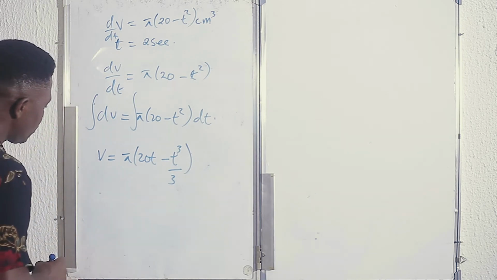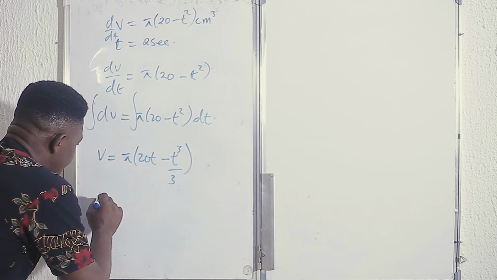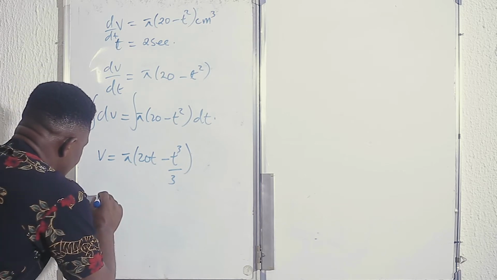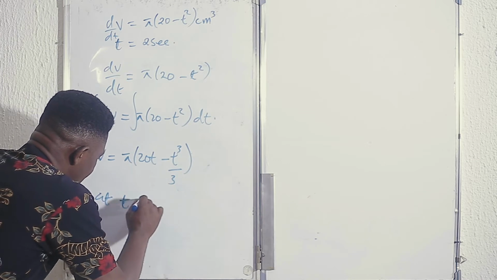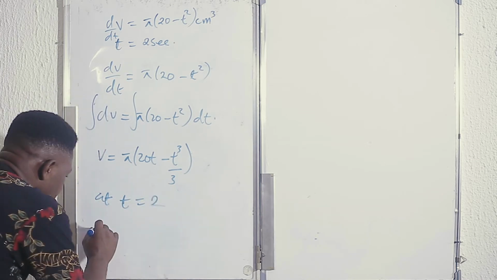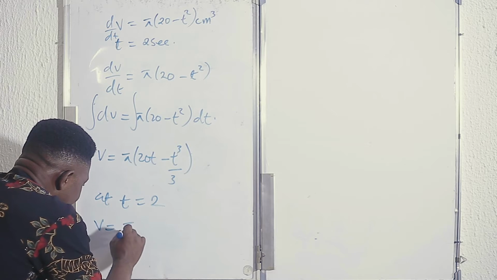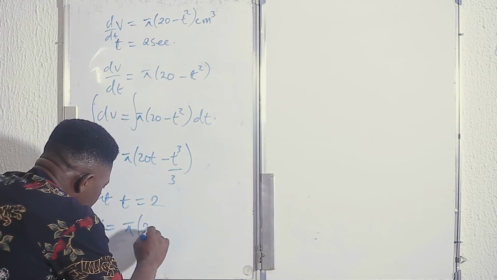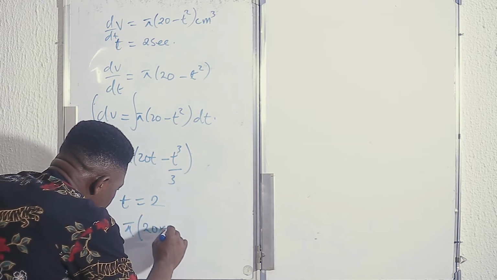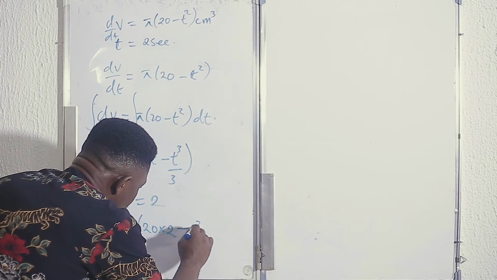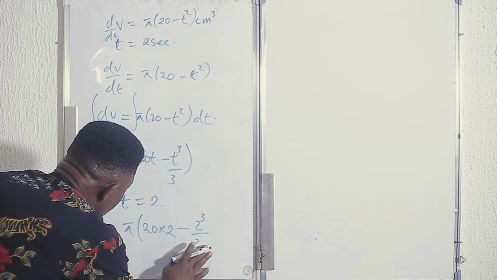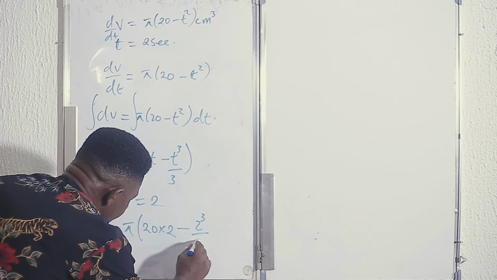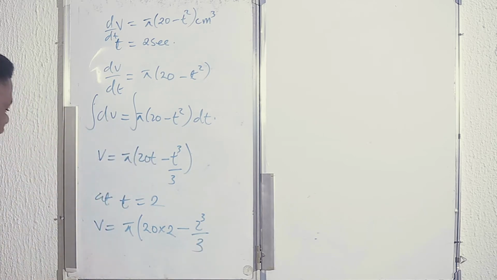So V at t equal to 2, V is going to be pi (20 times 2 minus 2 cubed) all over 3.